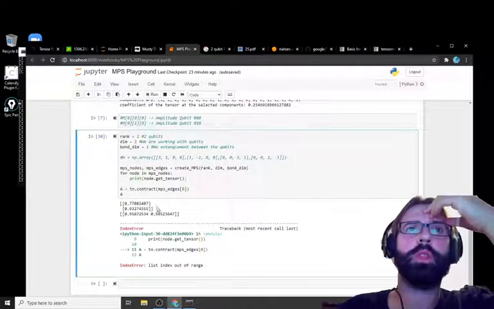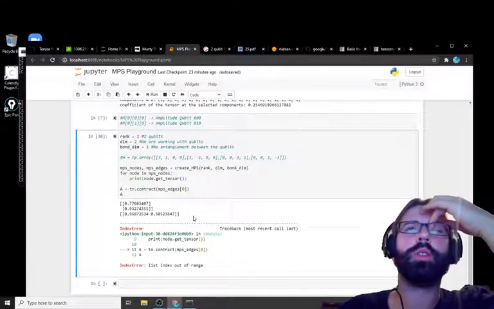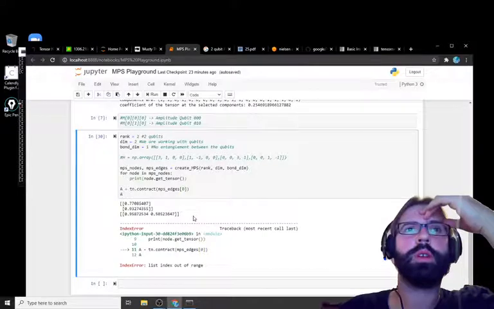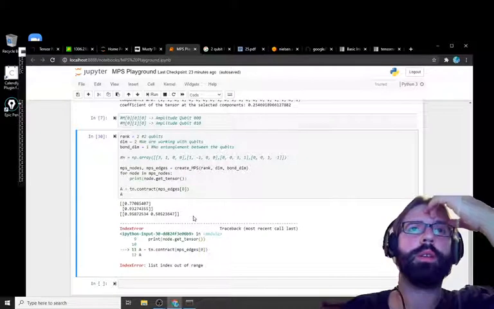So this gives me 2 nodes, but no edge, and that's confusing. 2 nodes, but no edge. Why? Why there's no edge? That's QB1, that's QB2.